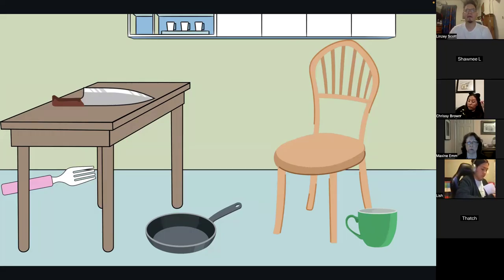The word for chair is katunu, and cup is tsira. You will learn these as we go. Let me type it in the chat really quick. Tibo, katunu, chair, tsira, cup.